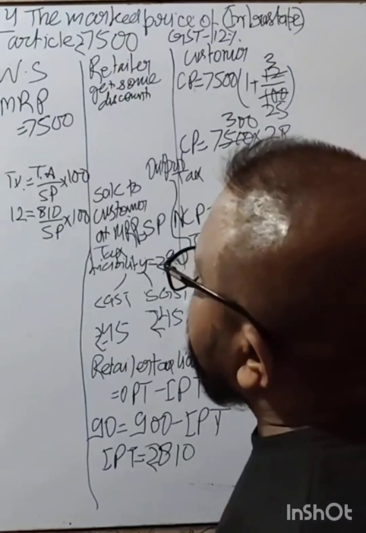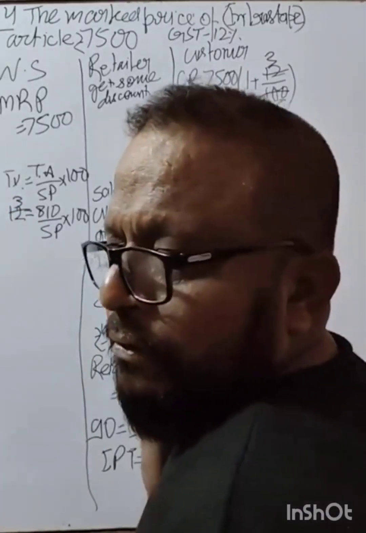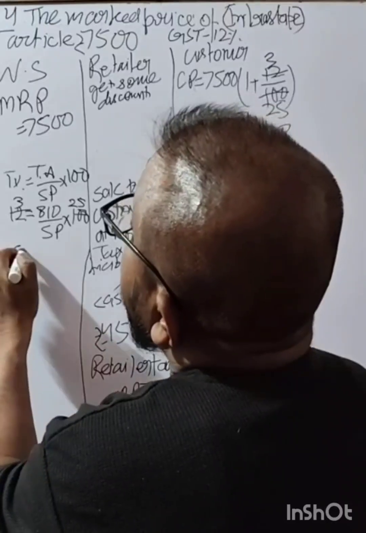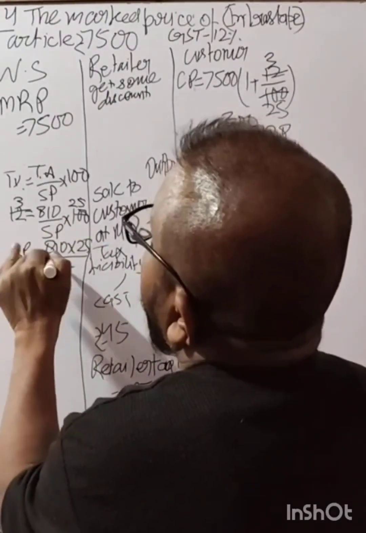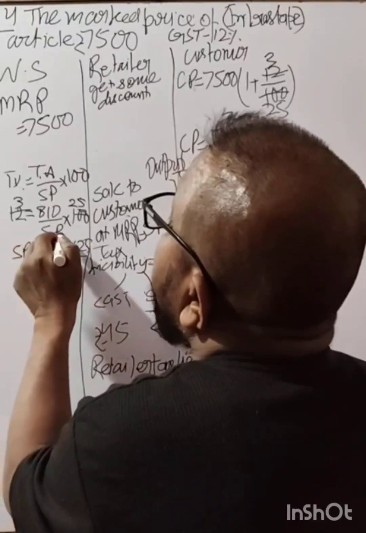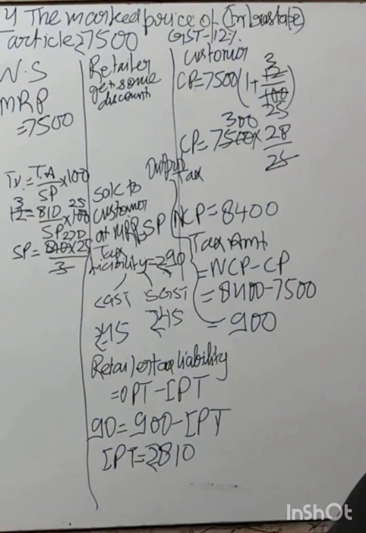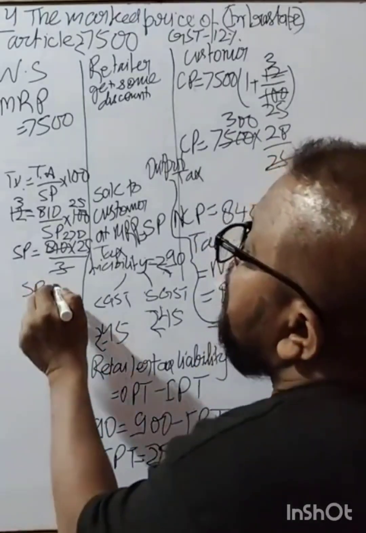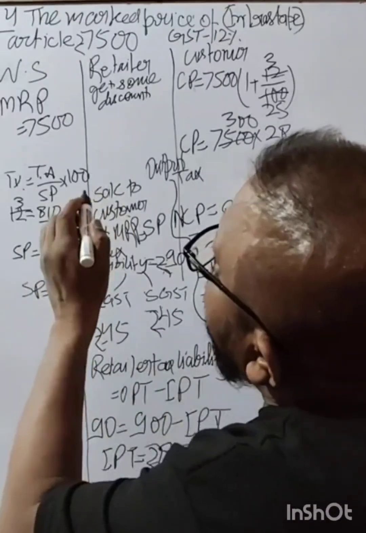So SP is equal to 810 into 25 upon 3, which becomes 270. 270 multiplied by 25, SP is equal to 6,750 rupees, right? So this is the SP of the wholesaler.